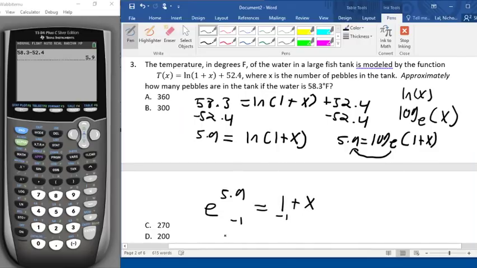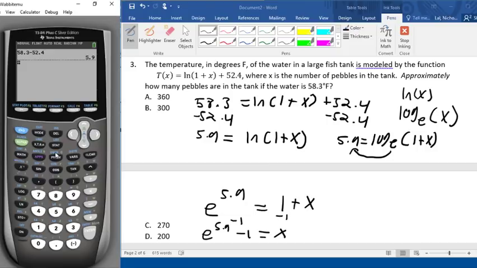Subtract 1. e to the 5.9 minus 1 is equal to x. So in our calculator, we type e to the 5.9 power minus 1, which is going to be equal to x.